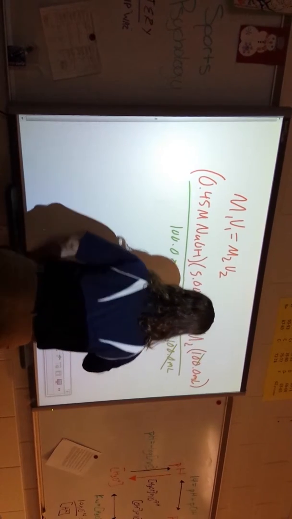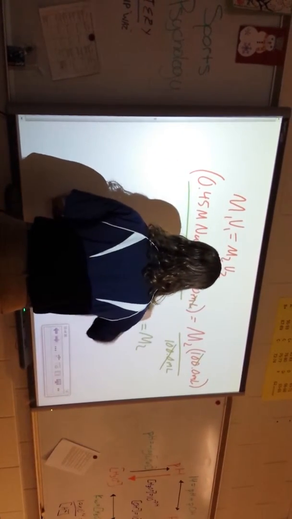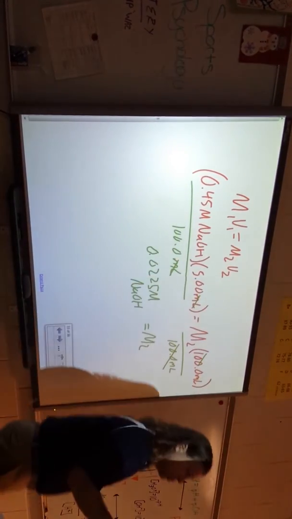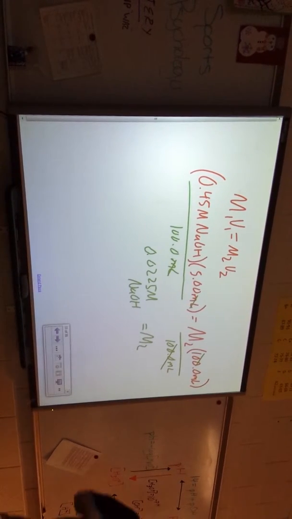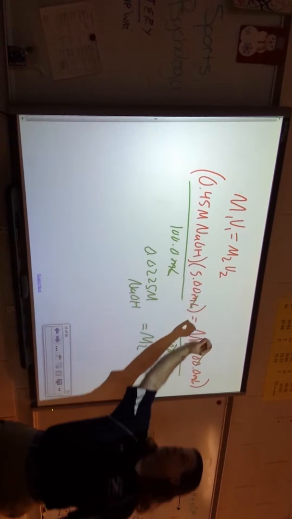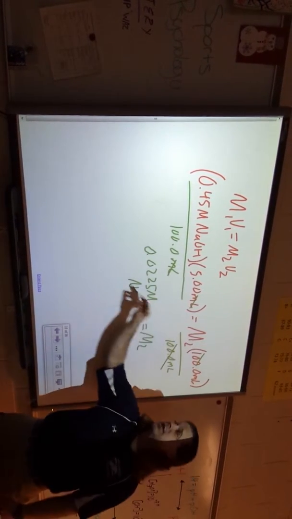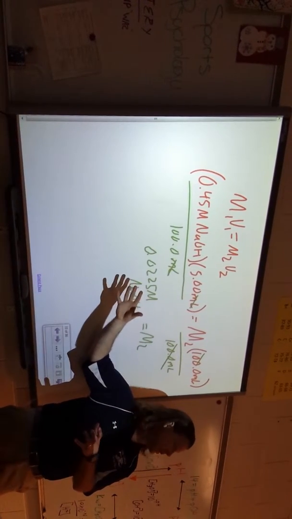And we get M2's concentration, which should be 0.0225 molar NaOH. Now, that should make some sense to you. If you start with something that's pretty concentrated and you take a small amount of it and fill it up with 100 milliliters of water, it should make sense that the new concentration is going to be significantly less.